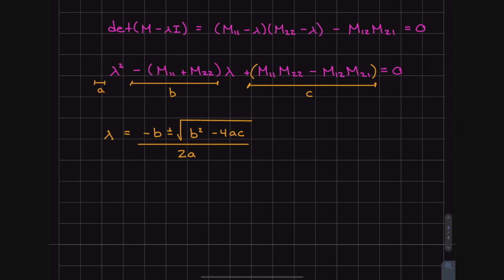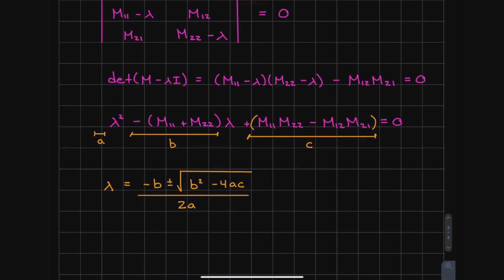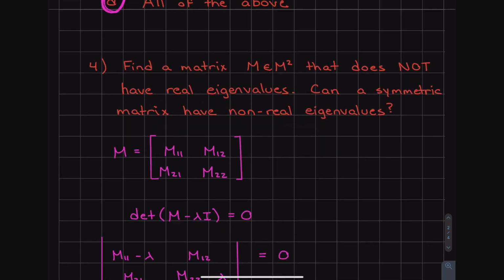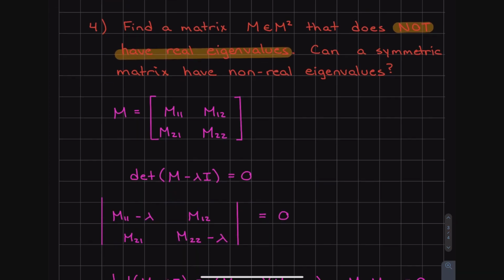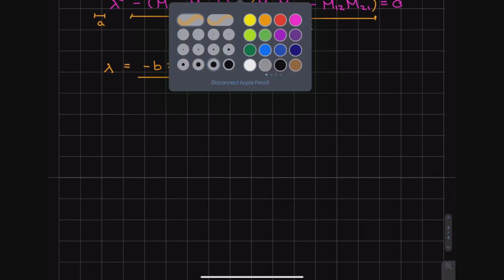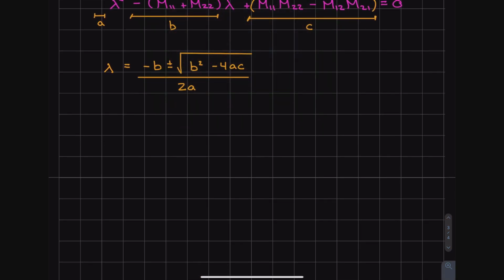So remember, this is where we have to go back to the question. The question says, let me get my highlighter out, it does not want real eigenvalues, so it wants imaginary eigenvalues. If we come down here and look at this formula, the only way we can get imaginary values is if we take the square root of a negative number.